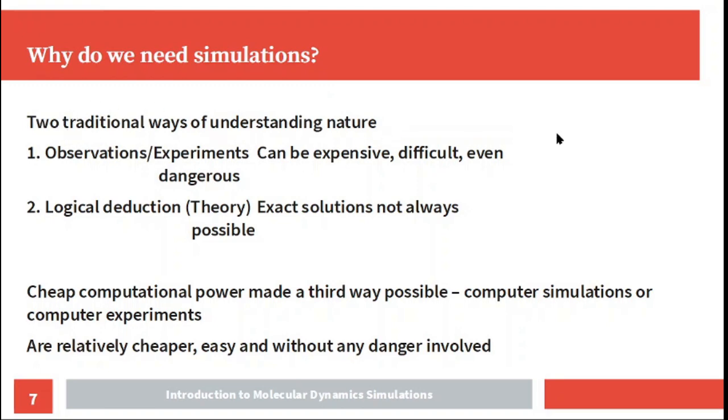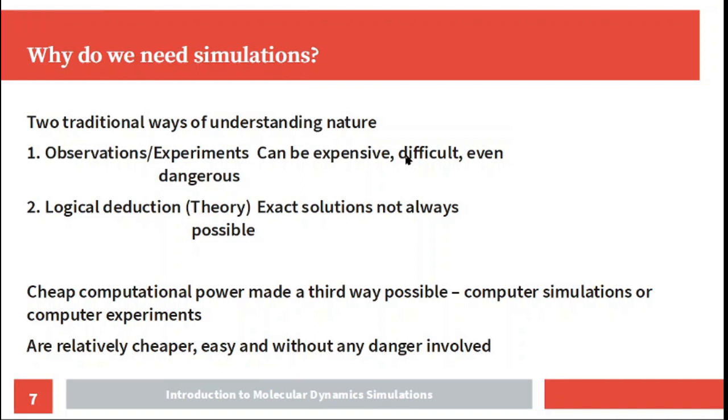First is, you do observations, you observe things, try to understand them, or do experiments, actively perform experiments to understand things. These experiments can be expensive. You need to put in a great amount of effort, money, and time in performing these experiments. They can be very difficult also, and sometimes they can even be dangerous.